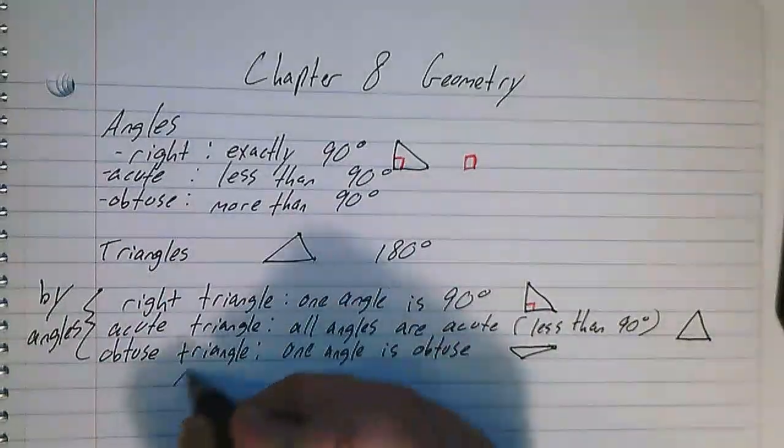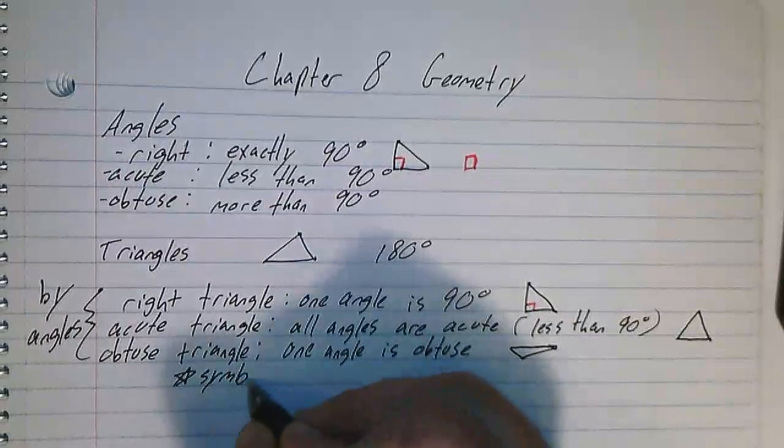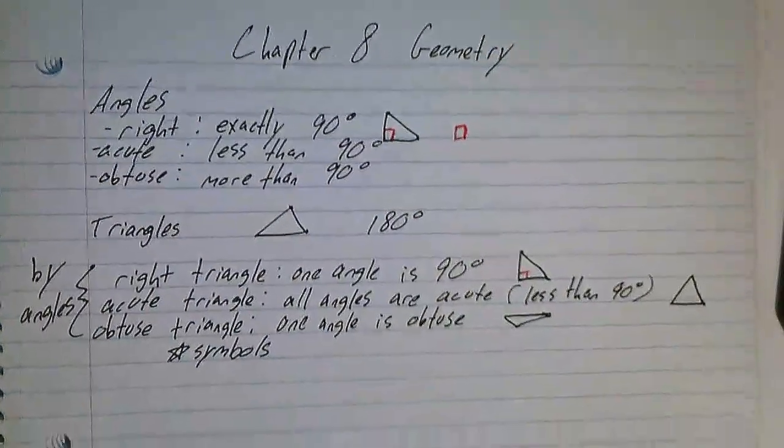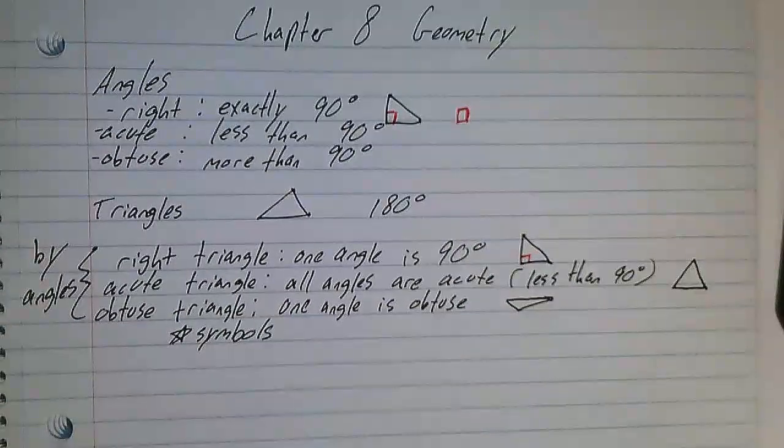There are some symbols that we use to show congruency. I don't know how much that word will come up in this class, but congruent just means equal in measure.